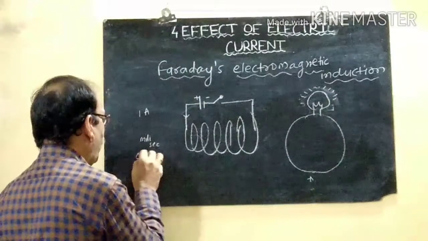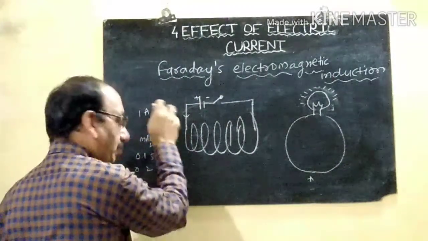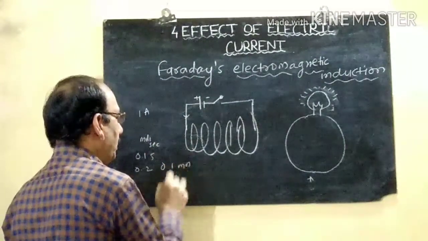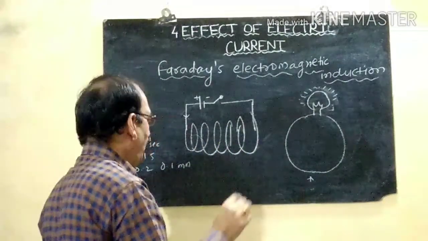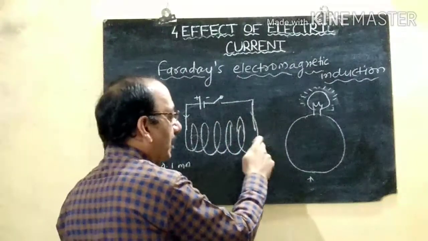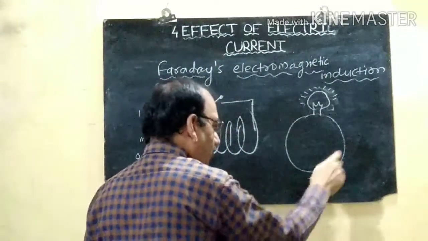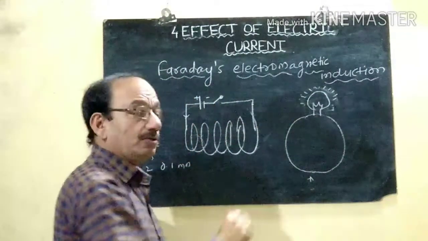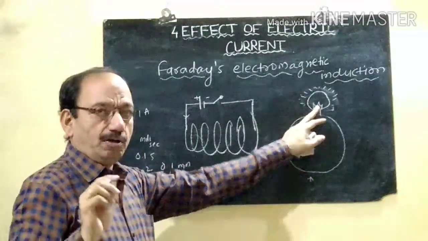At 0.1 second, 0.2 second, the current passing is 0.1 ampere, 0.2 ampere. Like this, current increases in this solenoid coil, and as the current increases, the magnetic field also increases. When the full 1 ampere is flowing through the solenoid coil, the bulb flashes for a small time.